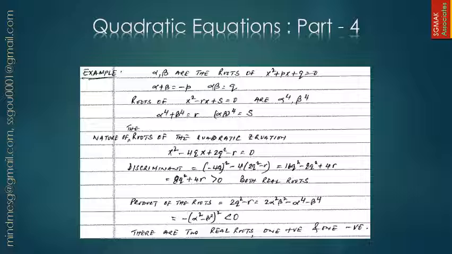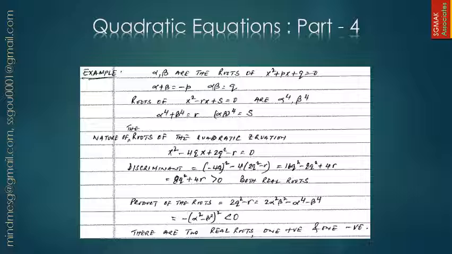Now you have another quadratic equation, x squared minus 4qx plus 2q squared minus r equals 0. So what is the nature of the roots of this equation? You always find out the discriminant first, which is b squared minus 4ac: minus 4q squared minus 4 times 2q squared minus r.